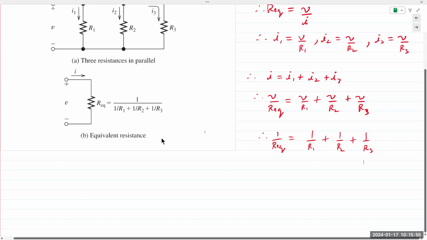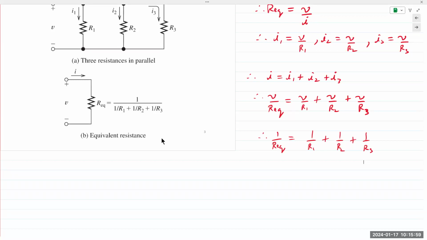Similarly, or conversely, in a parallel network of resistances, the resulting Req will always be smaller than the smallest resistance in that parallel network. Now that is something to think about, because if you solve a problem and your resulting Req is larger than the smallest value, that means there is an incorrect answer. There is an error somewhere in your calculations.